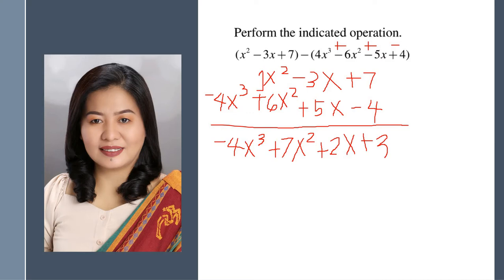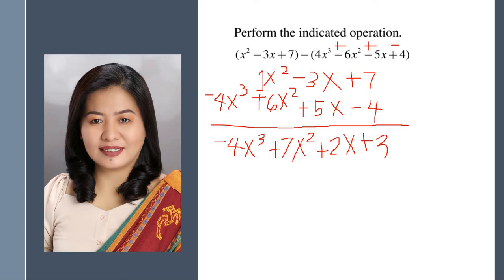So you have to take note that we are going to follow the sign of the bigger number or the bigger expression or the bigger term. So here 7 and 4, we follow the plus sign of 7 because 7 is greater than 4. Here we follow the positive sign of 5 because 5 is greater than 3.